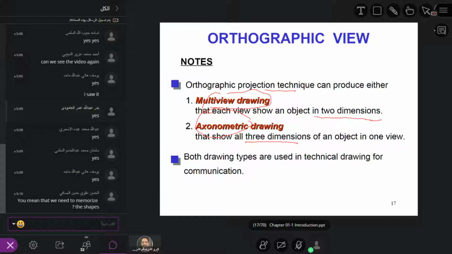Axonometric is three dimensions. Is that understood? You don't need to remember all this, but just remember there will be two-dimensional drawings and three-dimensional drawings. If it is a two-dimensional drawing, that is multi-view. If it is three-dimensional, that will be axonometric drawing. Okay, both are used. Now I'll give you an example for an axonometric drawing.